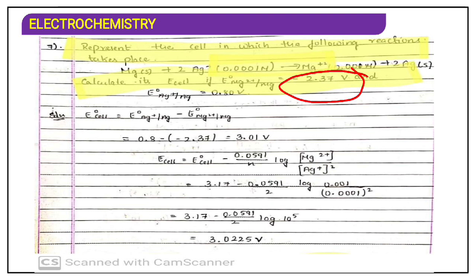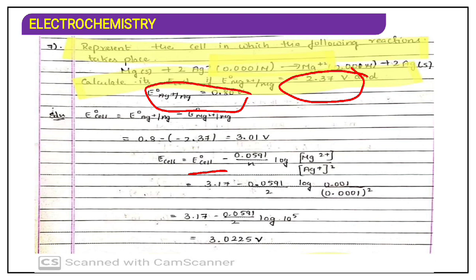This is one they are providing, and this is two. Based on that, first we have to calculate the E cell. Why? Because in the Nernst equation we have E cell. That's why first we have to calculate the E cell.